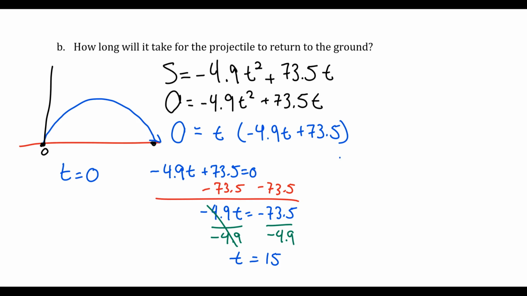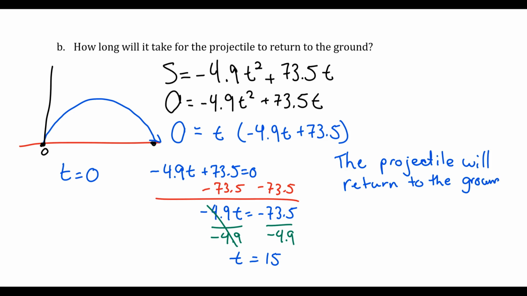So the projectile will return to the ground after 15 seconds. Notice I didn't put the 0 in there because that's the start, and it's just asking us when it will return to the ground.